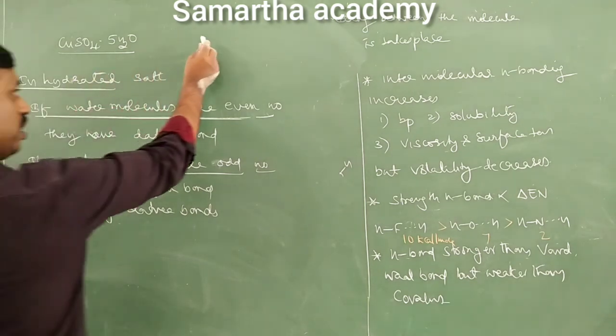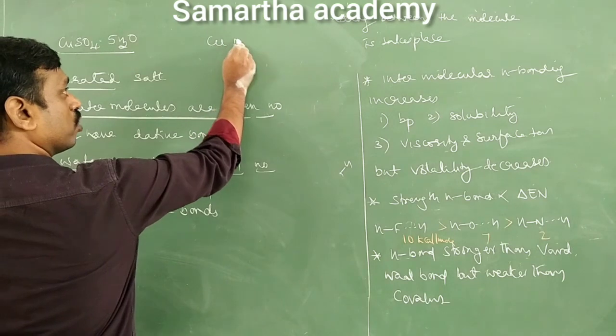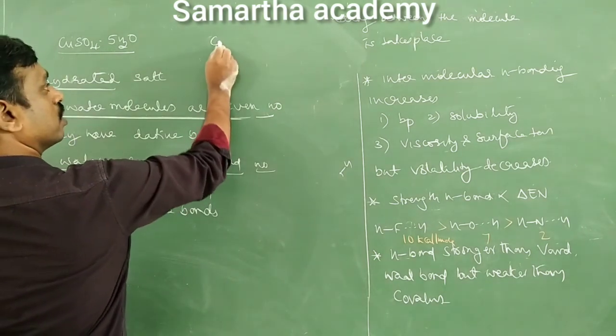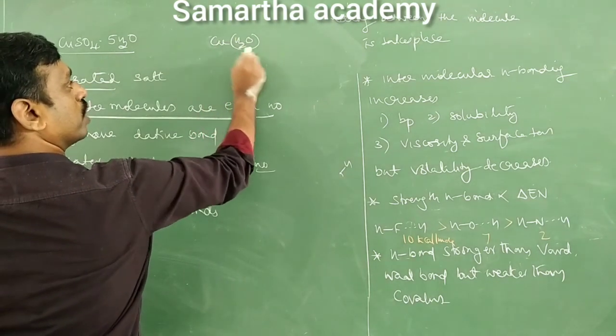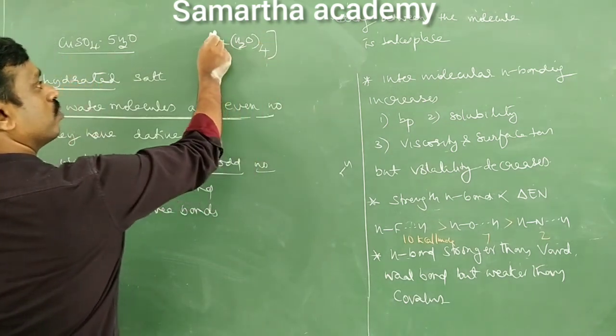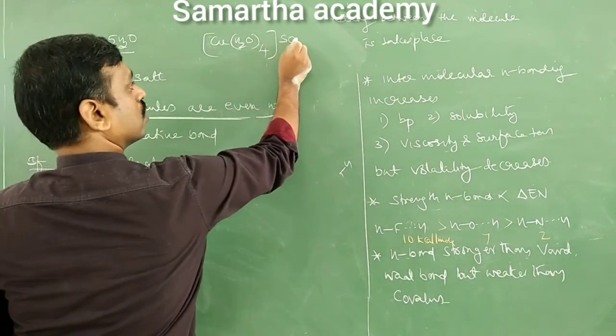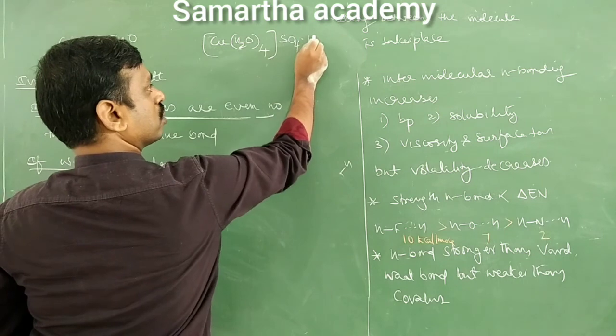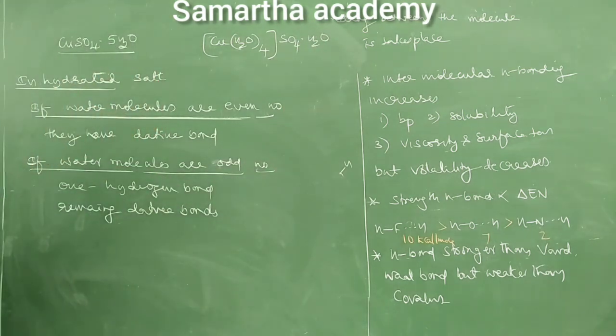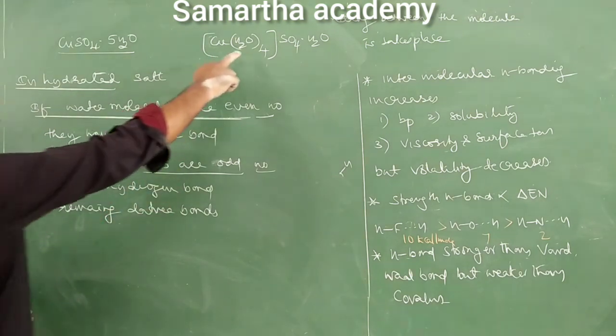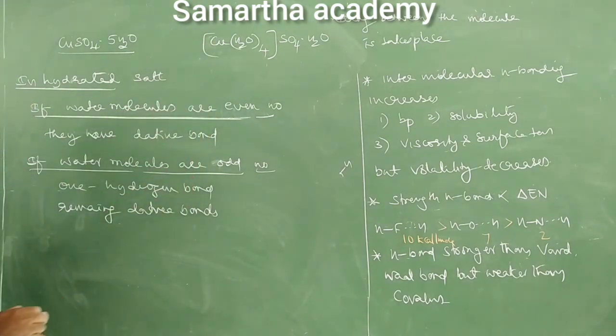Actually, it is a complex compound. You have studied copper tetraaqua sulfate, dot H2O. Do you remember? The coordination number of copper is 4, no? Inside the square bracket there are 4 water molecules. It means how many coordinate bonds? 4.